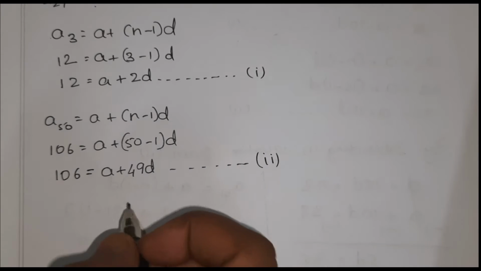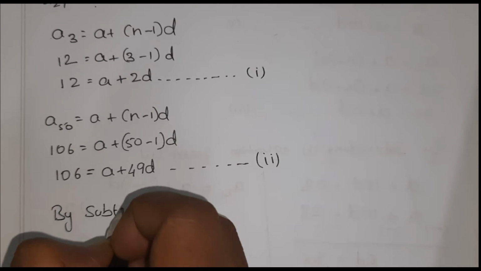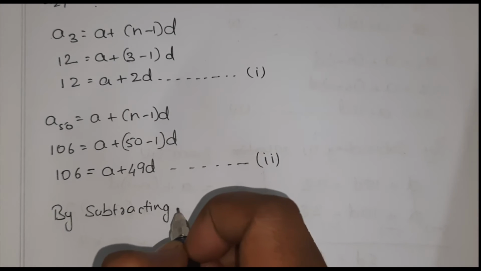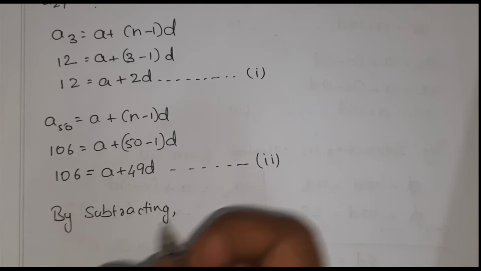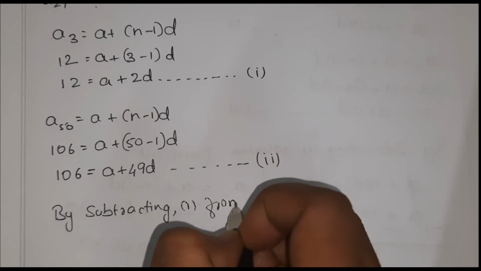By subtracting the first equation from the second, we have to find the D. First from second.